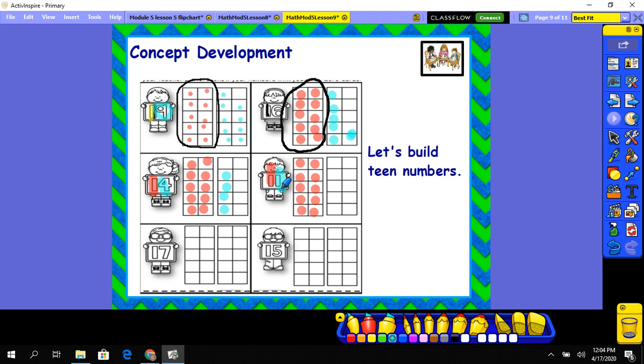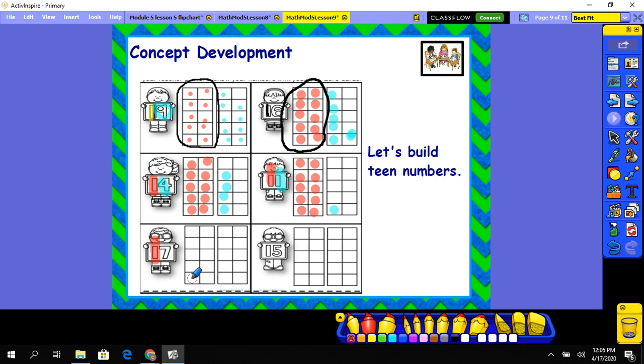Now, what is this number? It's a 1 as well. Does this 1 also mean 10? No way, Miss McKay. This one is just one that is left over. This one is just one. 10, 11.